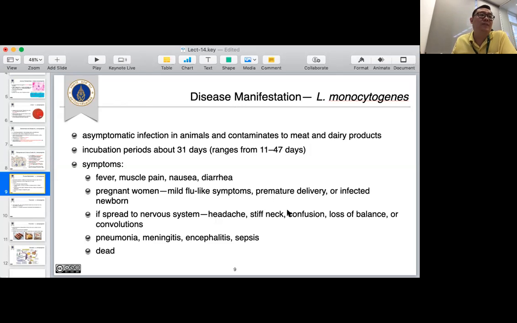Confusion, this is kind of psychic, and loss of balance, you cannot stand balanced. Or bacteria can cause pneumonia, meningitis, encephalitis, sepsis, or even death. Those are the symptoms caused by L. monocytogenes.